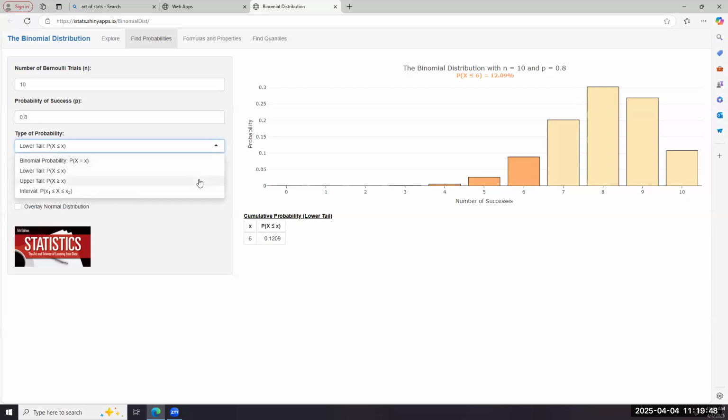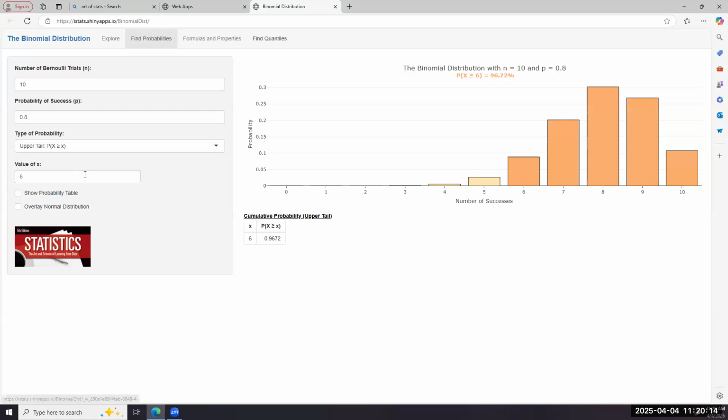At least, in that case, probability that X is greater than or equal to 6 is simply 0.9672, which is almost 97%, 96.72%. So very easy case.